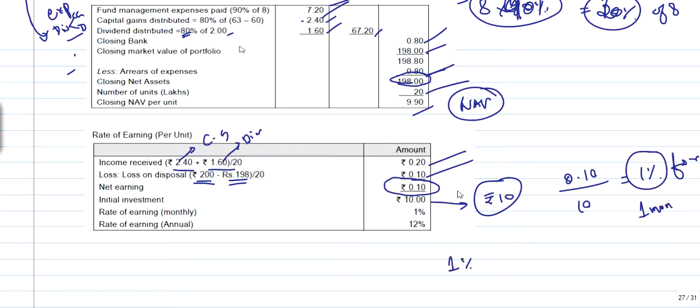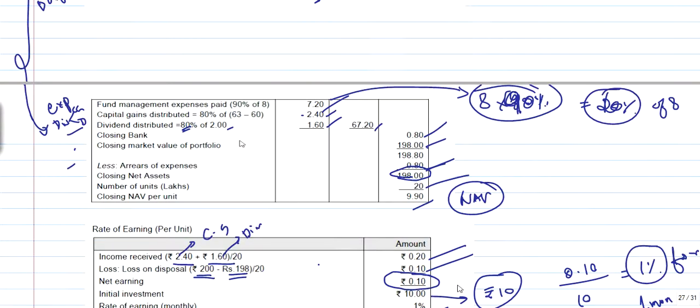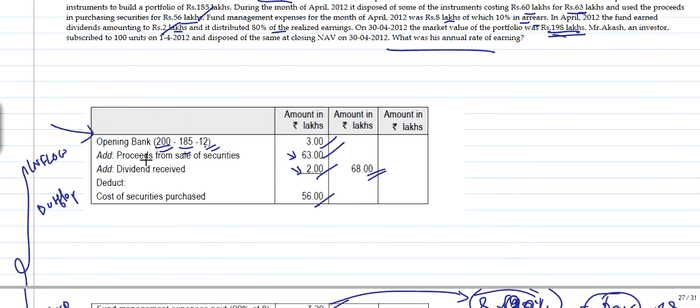So 1 percentage for 1 month, what is the percentage for 12 months? You will get 12 percentage. That is the net earnings for this fellow, Mr. Akash.